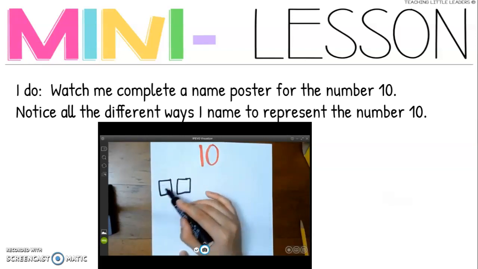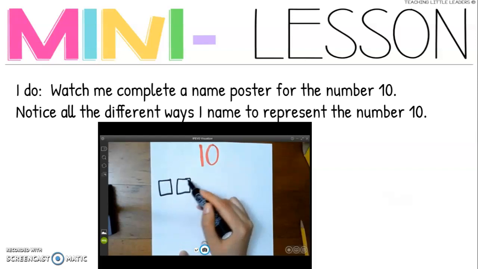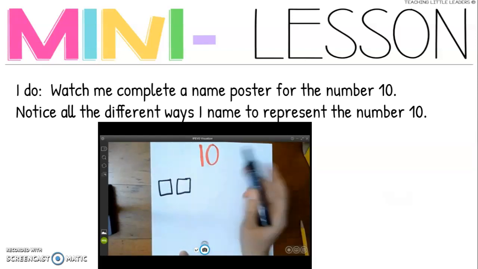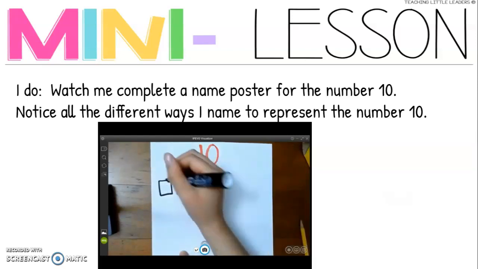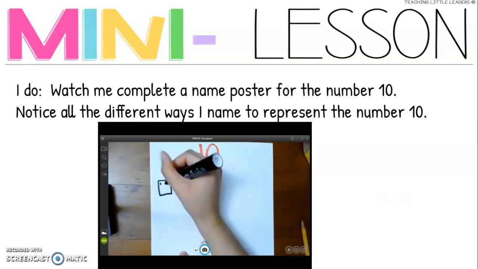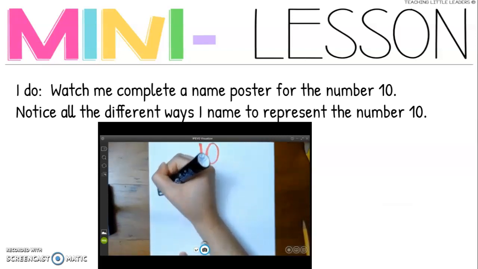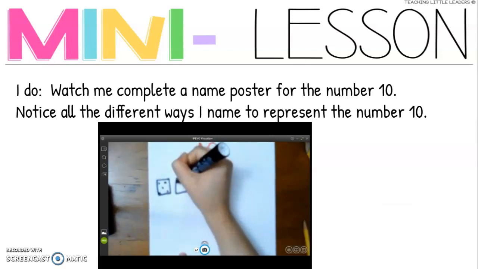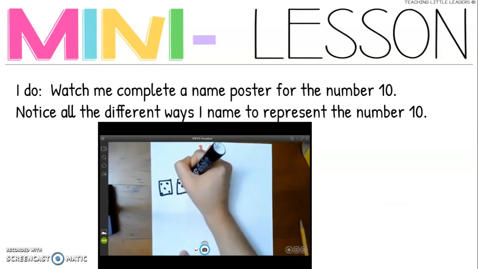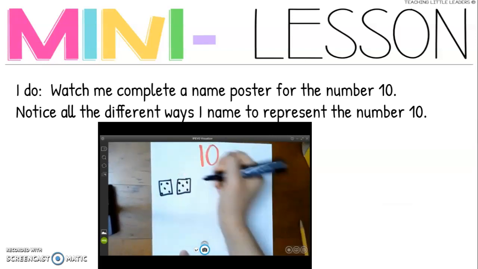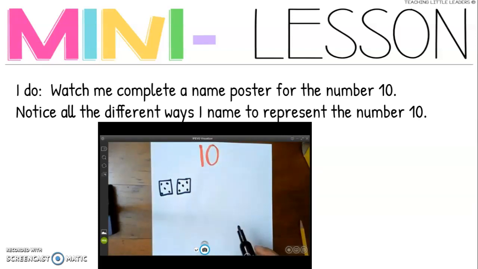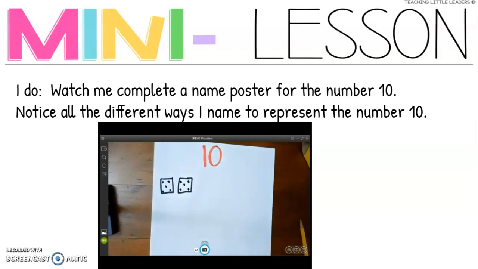Oh yeah, I need 5 dots on this dice and 5 dots on this dice to make the number 10. Okay, so I'll begin. Okay, so I have showed you how to make the number 10 with dice.